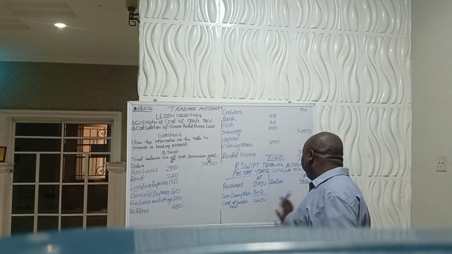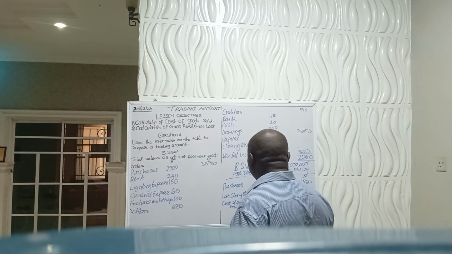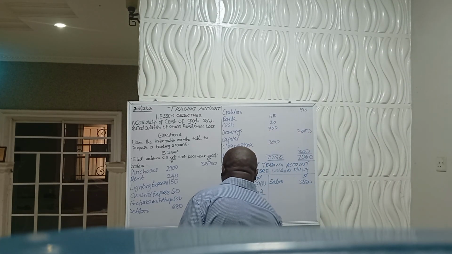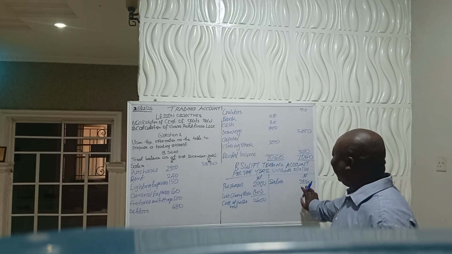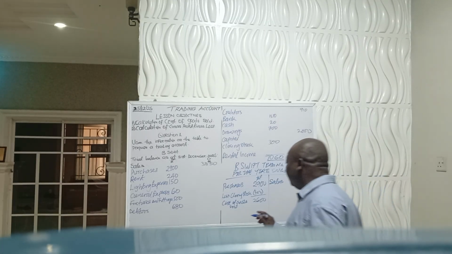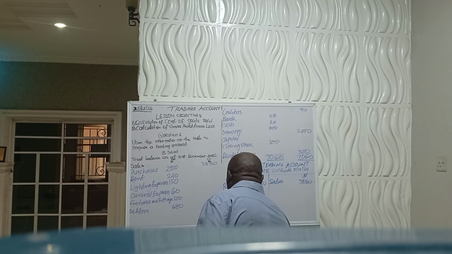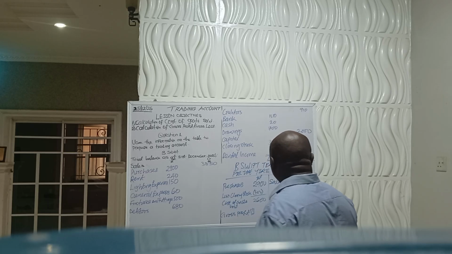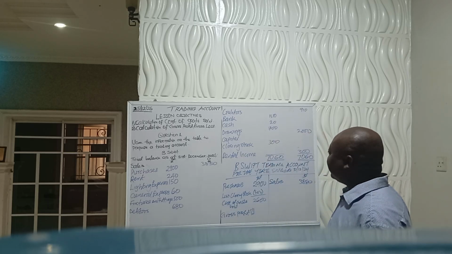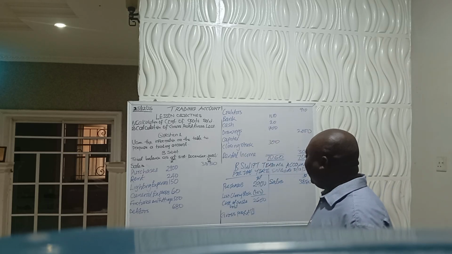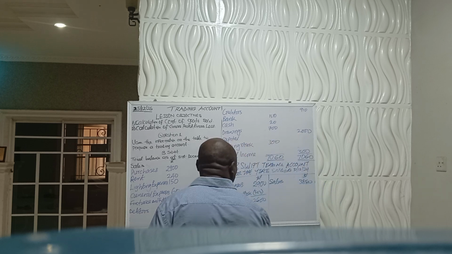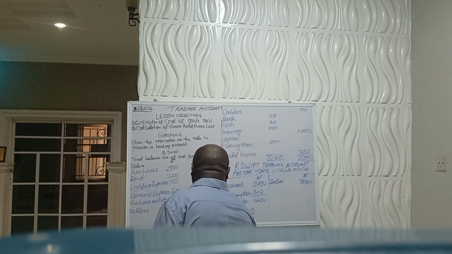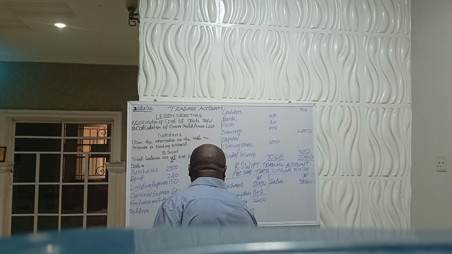So you now take this away from sales. You can see that cost of goods sold is lower than sales. Then it means it is gross profit. So what do we say the difference is? I need to do it again because I can't remember now. I know it is 1,000 plus.